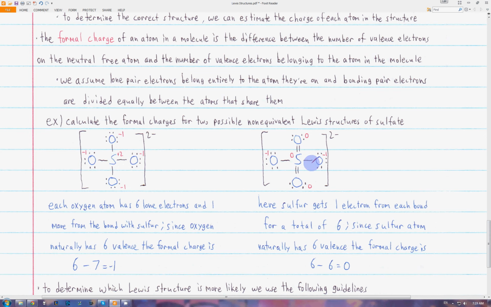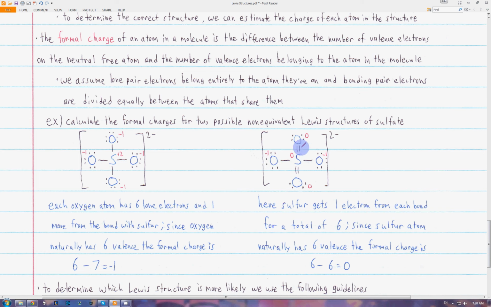So now let's look at this structure. Here there are 2 types of oxygen. These oxygens will have different formal charges because they have different numbers of lone and bonding pairs. First let's look at these 2 oxygens. They have 3 lone pairs and 1 bonding pair, so they each have 7 valence electrons belonging to them. So their formal charge is 6 minus 7, -1.